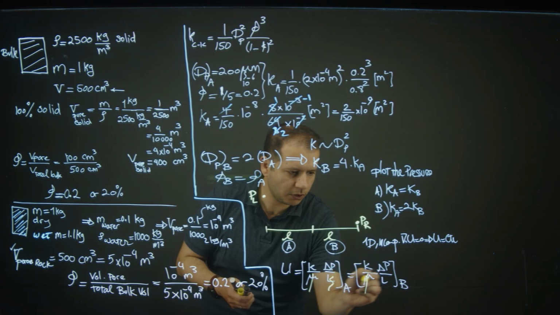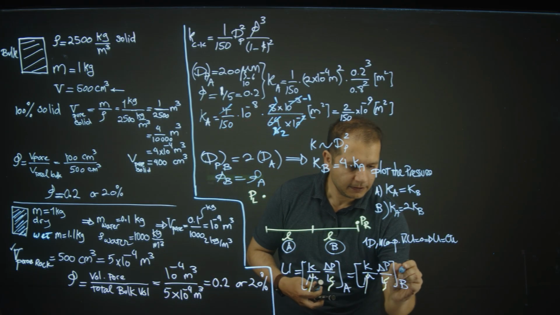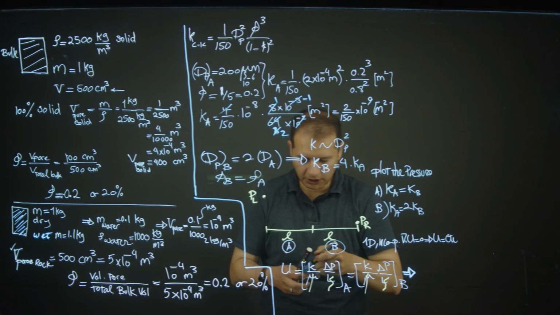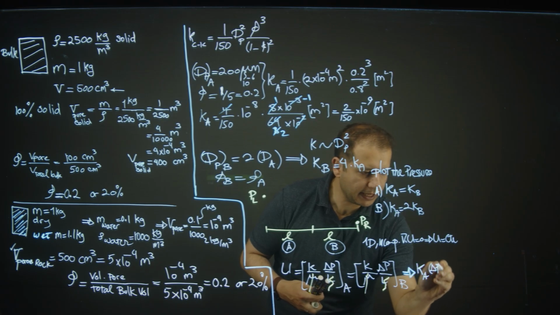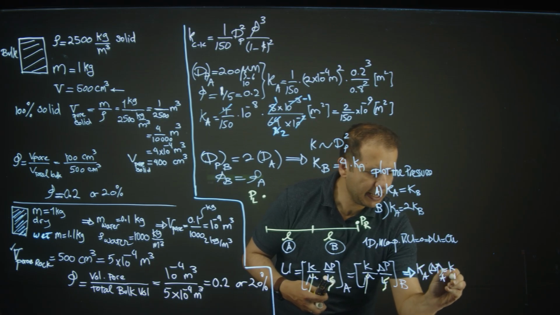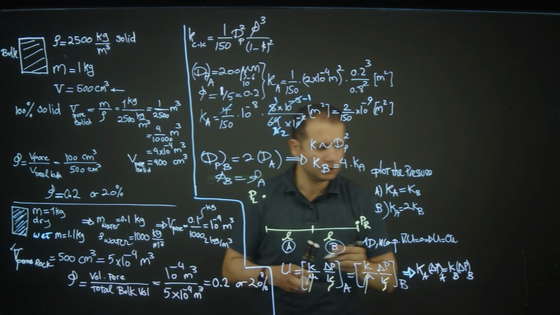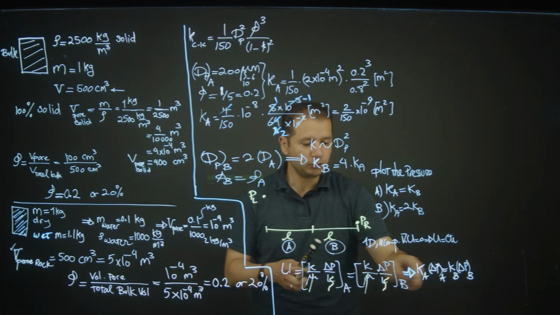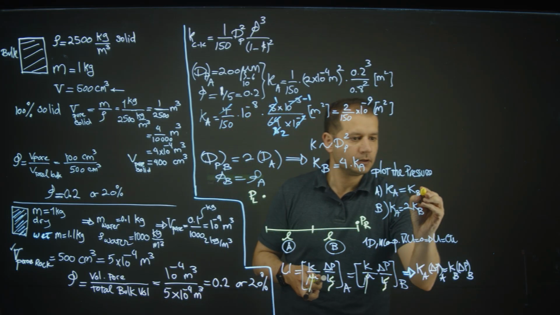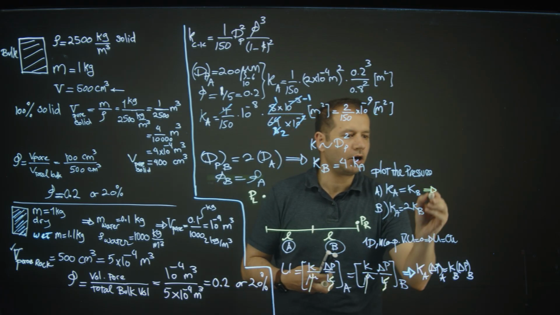So I am going to also cancel this, which then gives me the relationship that K of A times the pressure drop in A is equal to K of B times the pressure drop in B. So if Ka is equal to Kb, then delta Pa and delta Pb are equal.